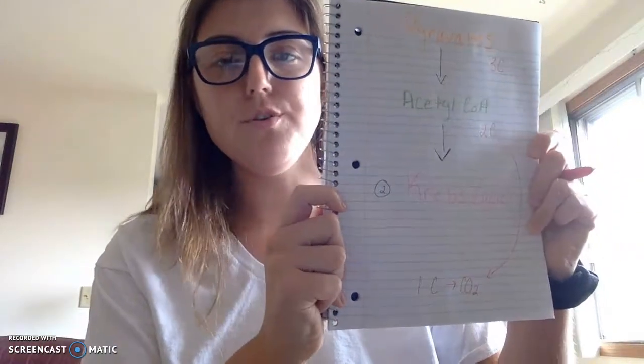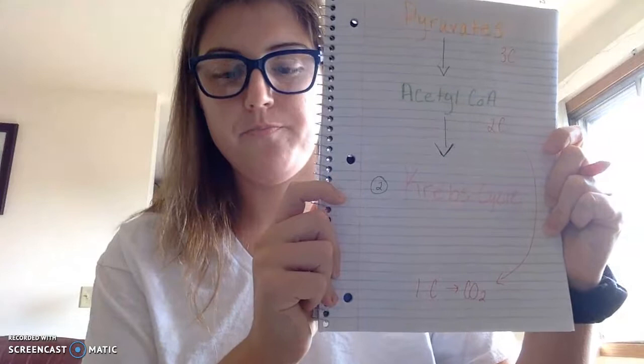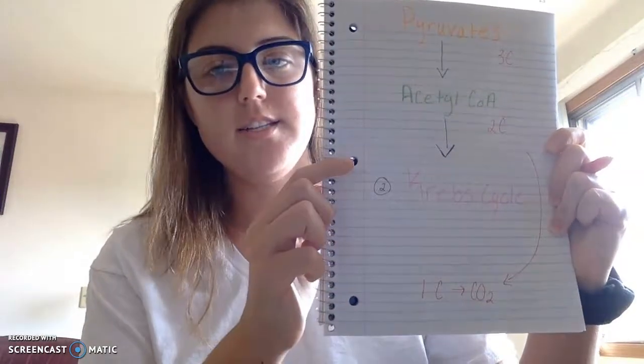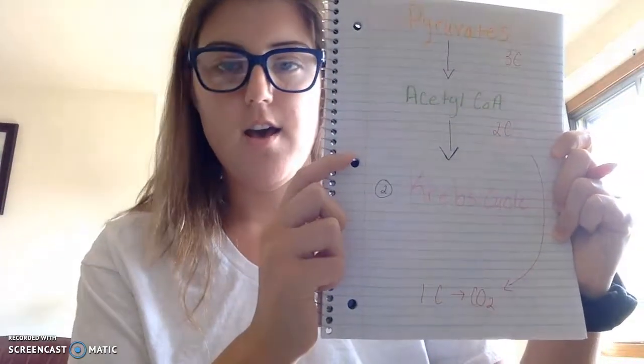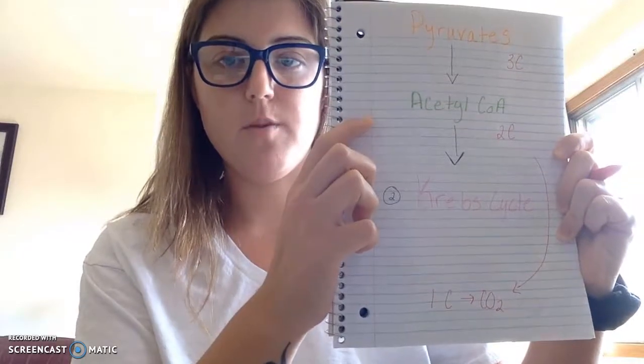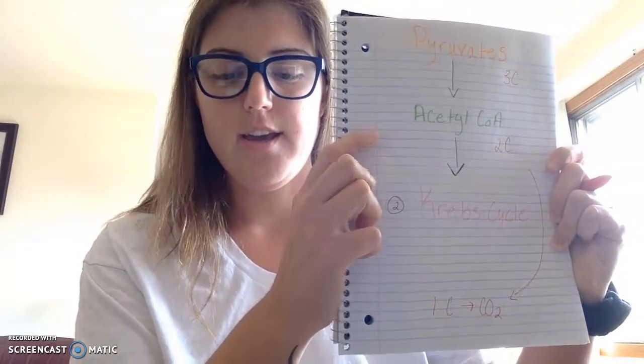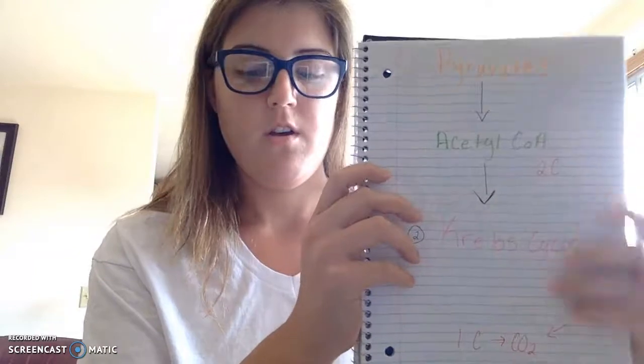All right. The next step then, step 2, is the Krebs cycle. And this is when the 2 carbons in acetyl-CoA get released. So we have 2 carbons, and those get released, same process through CO2, through exhalation. But during this process, we make 2 ATP.